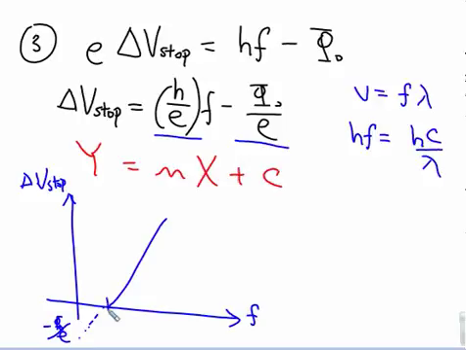Now, what about the horizontal intercept? When V stop, the stopping potential, is equal to 0, recall that there was a relationship between maximum KE and E times V stop. So when V stop is equal to 0, that corresponds to the horizontal intercept, it means that the maximum KE of the electrons is 0. It means there are no electrons that come out.